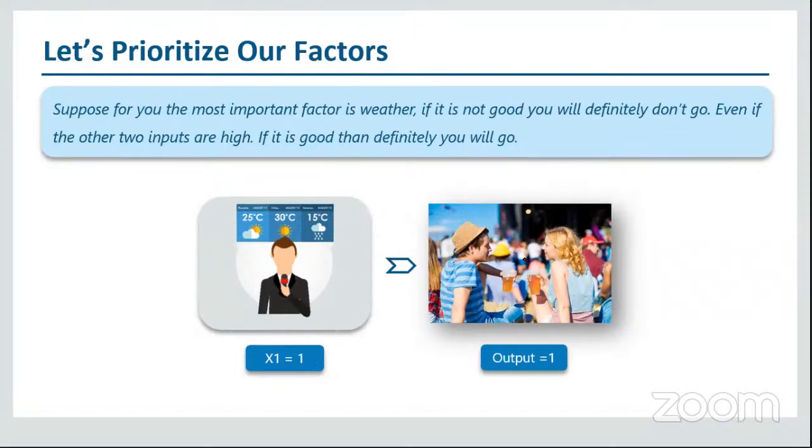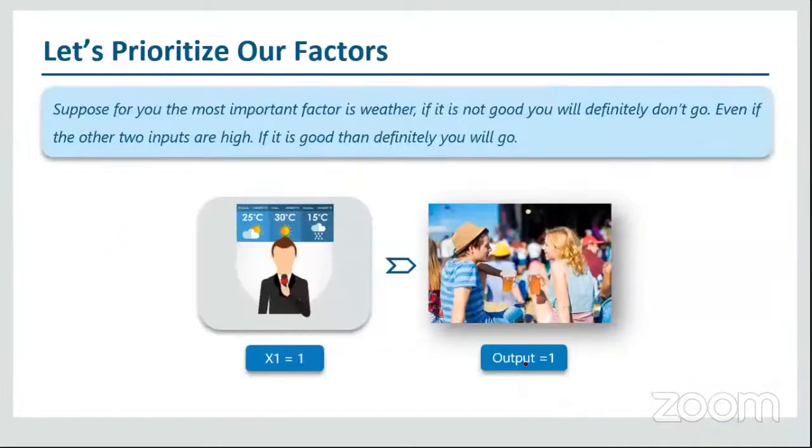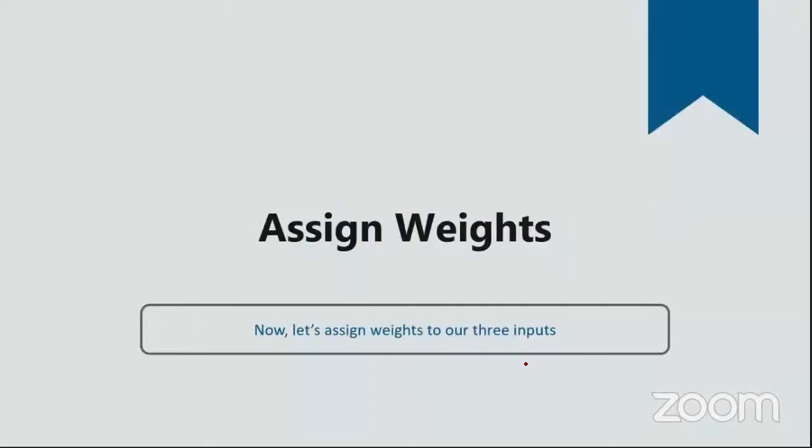If it is good, then definitely you will go, which means the weather factor has a relatively higher importance as compared to your other factors. That is, if x1 is equal to 1, output will become 1, which means you will go. If x1 is 0, output will become 0, you will not go.